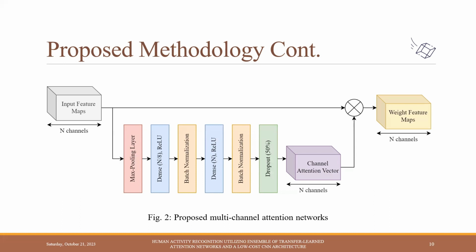So these are the same size vectors. What we have done here is we have calculated the priorities, the attentions, and we have the main input feature map. Then we are multiplying these two to get the final feature map. That has been shown here as the weighted feature maps, which is also of size n, obviously. So this is why this channel attention network is amplifying our performance. You will see that in the performance section or obtained result section.